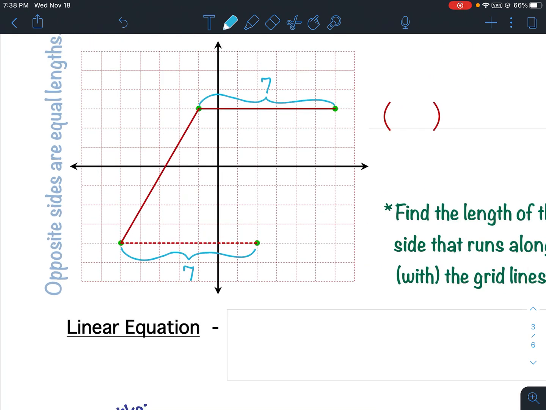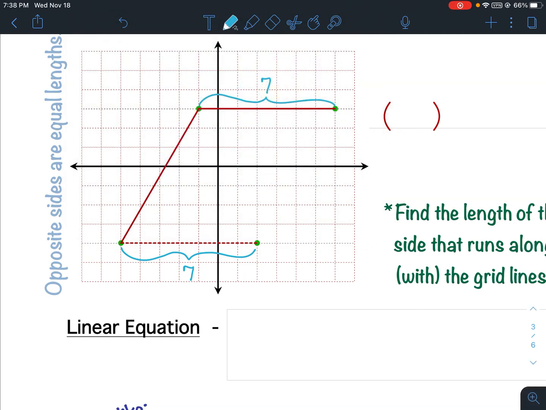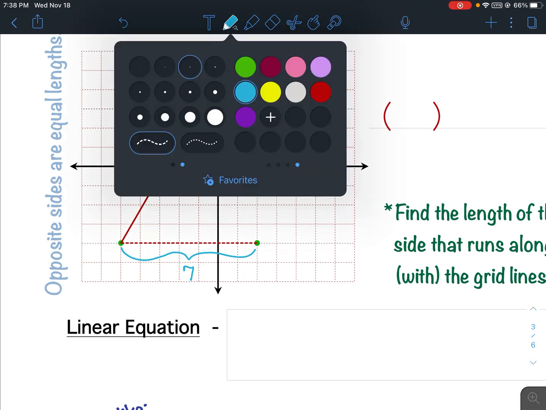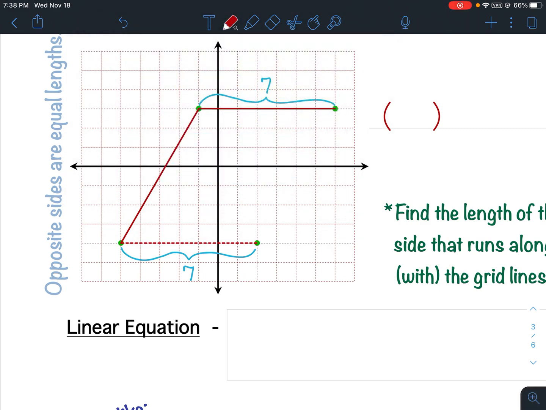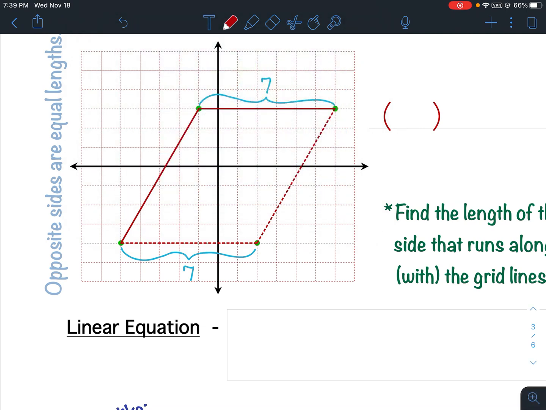So the opposite sides are both 7 units long. And then all you need to do is connect the other 2 points. You can check it: does this go up 7 and over 4, up 7 over 4 here?